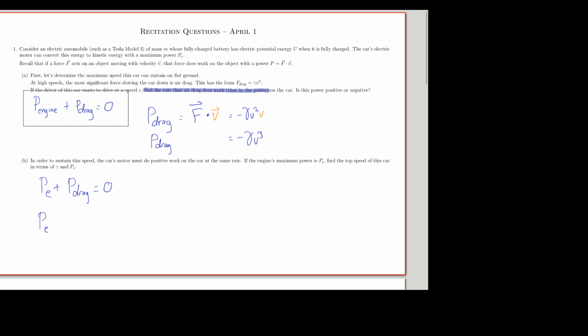So P_E equals gamma v cubed, where I've moved it over to the other side and removed the minus sign. Doing a little bit of algebra to solve for v, this gets me that v is the cube root of the engine power over gamma. We don't see cube roots that often, but here we do.